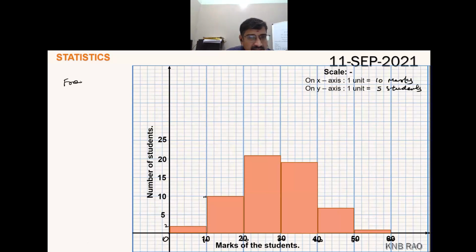Okay, frequency polygon. Remember children, you might have seen in cricket, runs scored in 1 over. First over, second over, third over, fourth over, fifth over, sixth over. Have you seen that? Runs scored will be like histogram only.